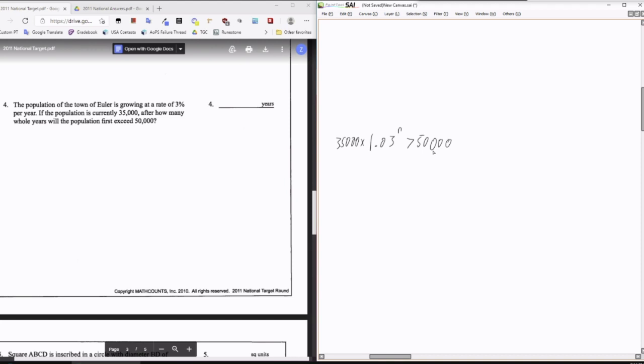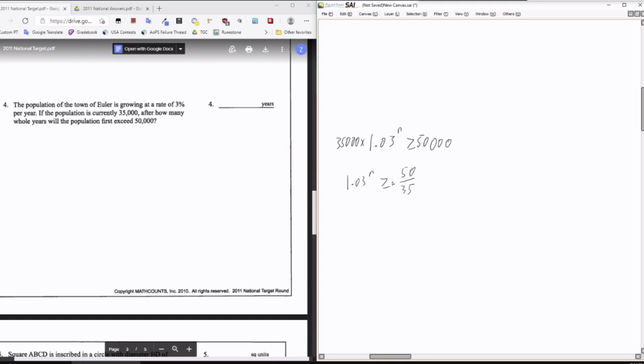And then you just want to look for when that first exceeds 50,000. So then you have that equation, and then you can just solve it. Or it's an inequality, not an equation.